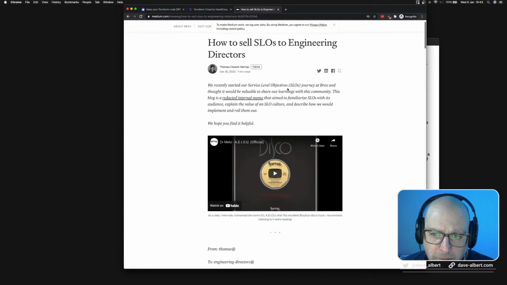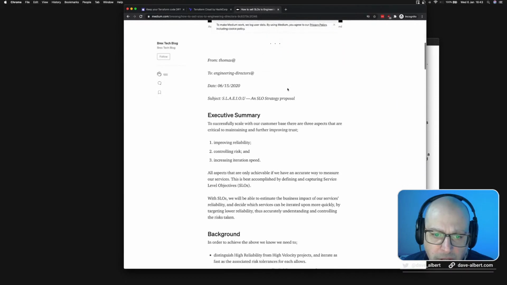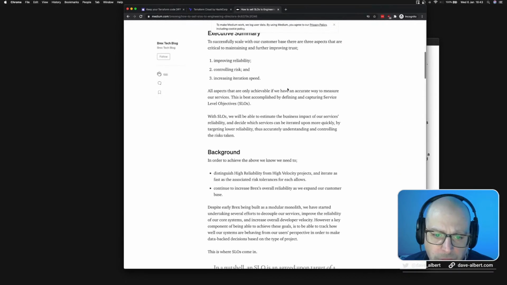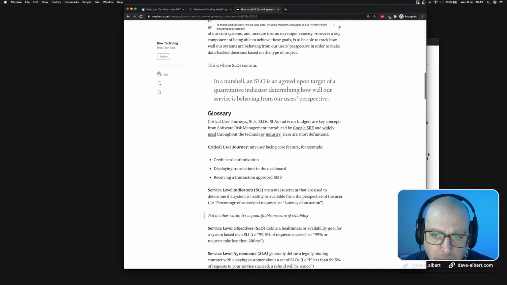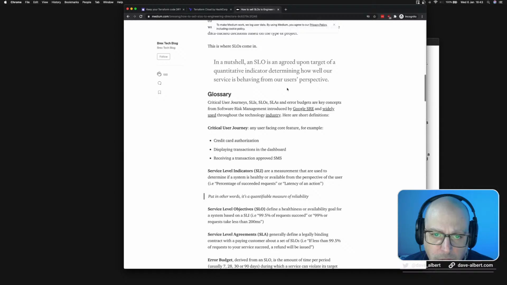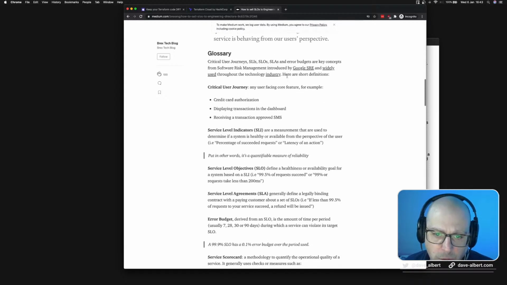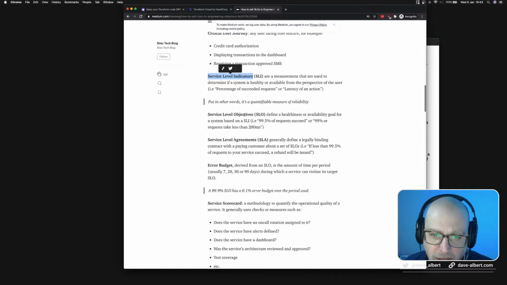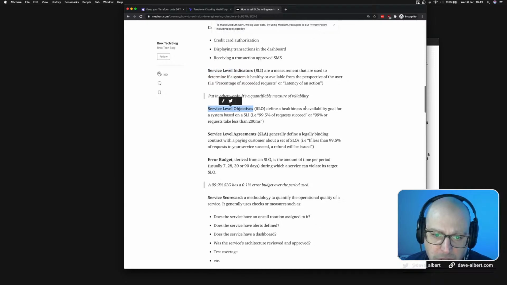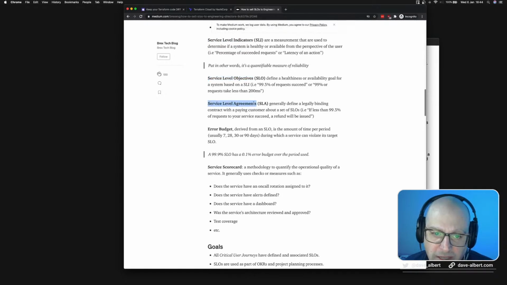Yeah, service level objectives. So yeah, a quantitative indicator determining how well the service is behaving. So that's the difference between the indicators, the SLIs, and the objectives, the SLOs, and the agreements, SLAs.